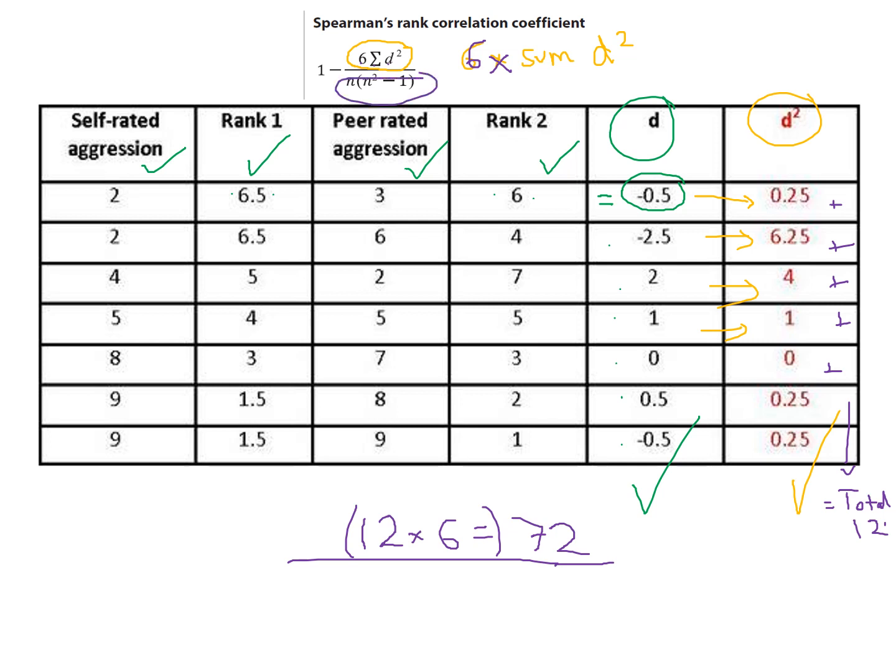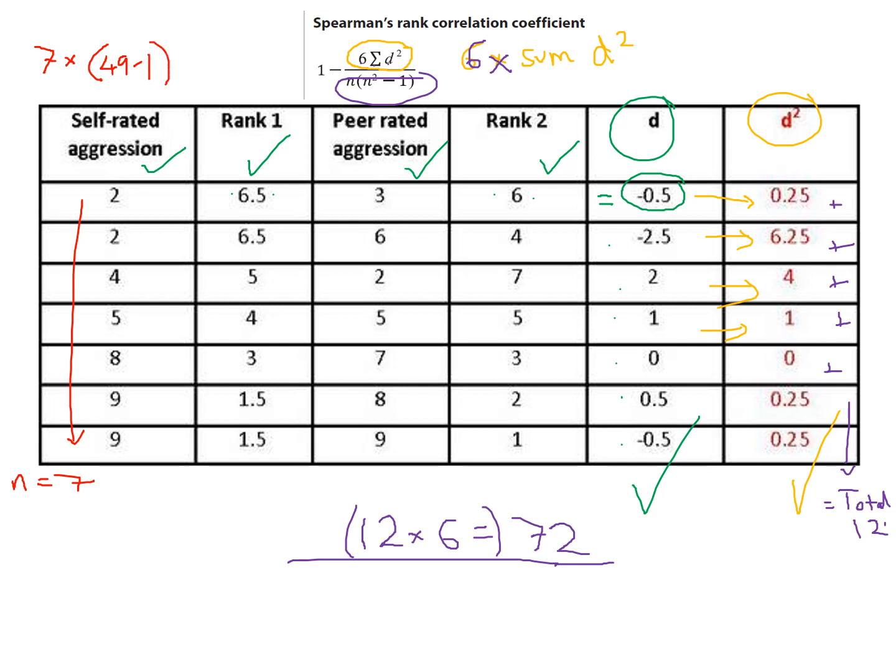So n is always the number of participants. So 1, 2, 3, 4, 5, 6, 7. So n is 7. We've got 7 people. Okay, so n squared is the bit in brackets. So it's 7 times 7 squared, which is 7 sevens are 49, minus 1.